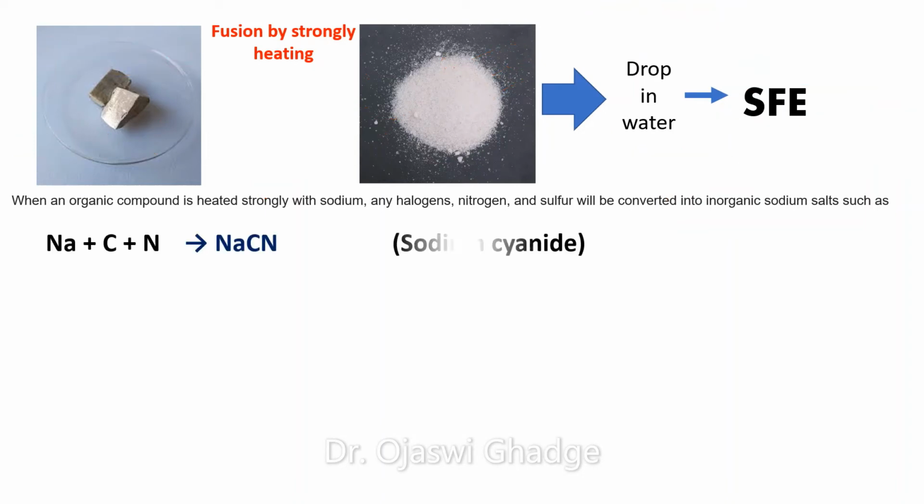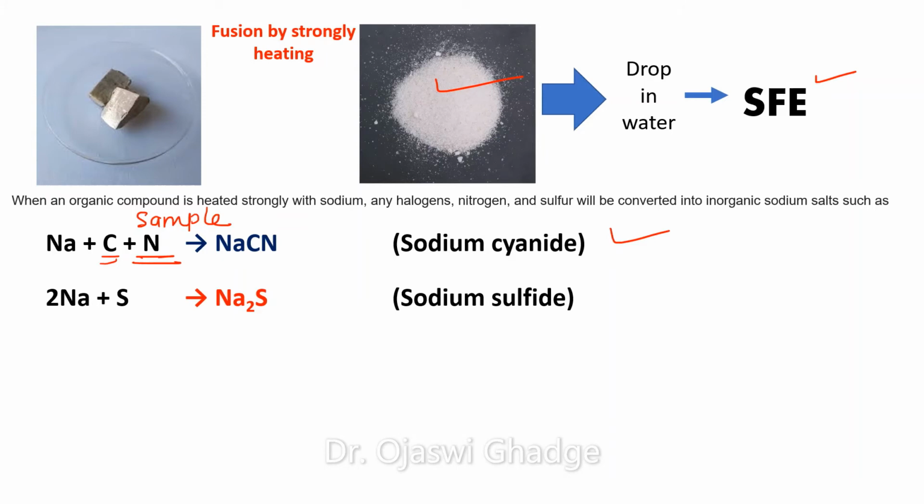Now here, if the given sample has nitrogen in it, this nitrogen I am showing is from the sample, this carbon is from the sample. They fuse with sodium and during this process sodium cyanide is formed, and this sodium cyanide is present in the sodium fusion extract if the compound has nitrogen in it. If the compound has sulfur in it, then the sodium fusion extract is supposed to have sodium sulfide.